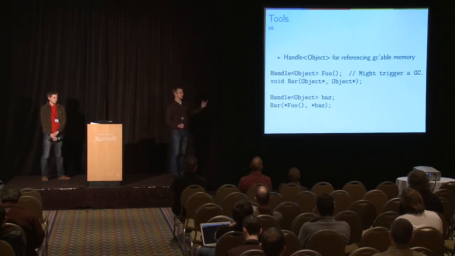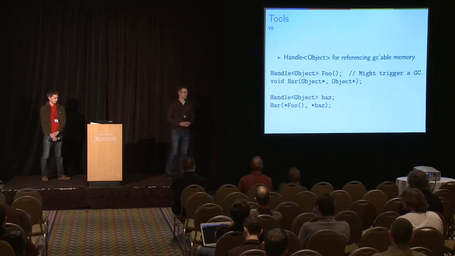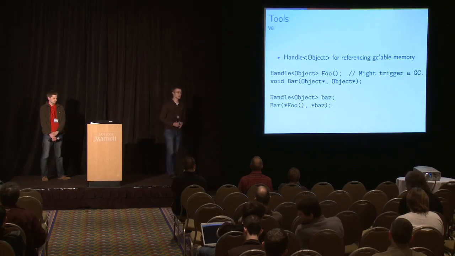So if you have a handle to a JavaScript object, and then you run a garbage collection, and the garbage collection moves around that object, then the handle now refers to the new location, and also understands if an object is deleted. But for performance reasons, they use raw pointers in a few points in their code. And then they have to be very careful to not access the raw pointers after something triggered a garbage collection.